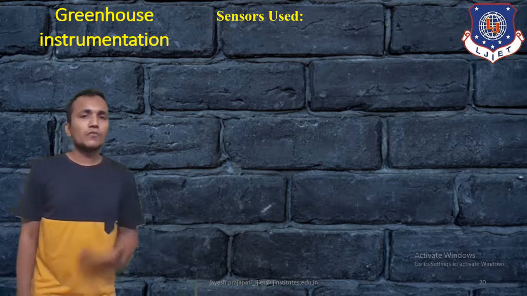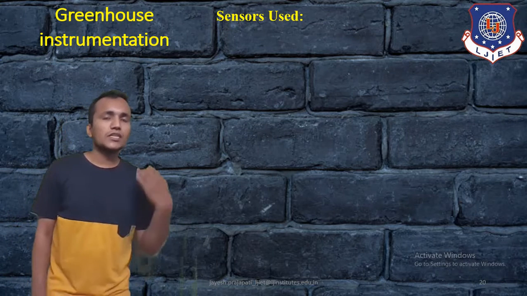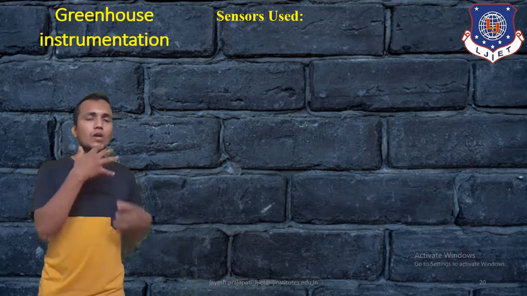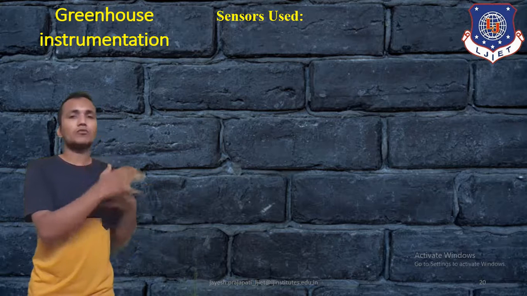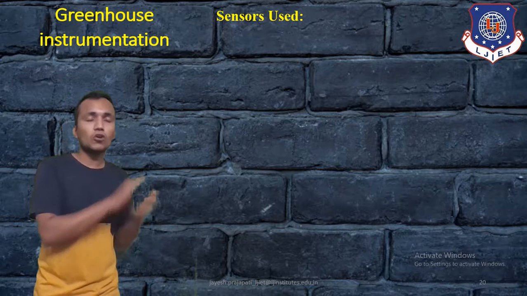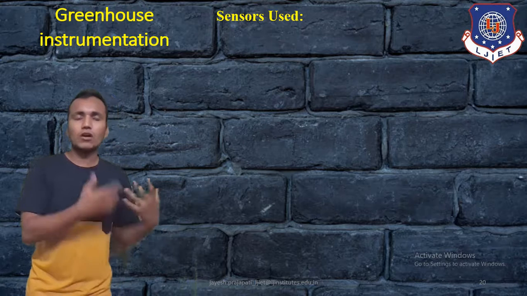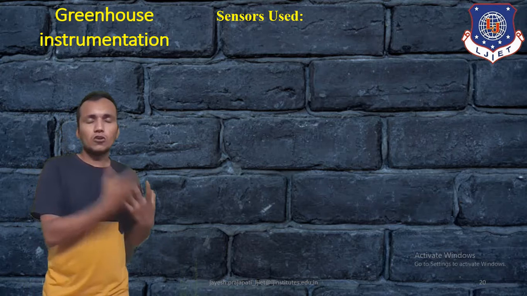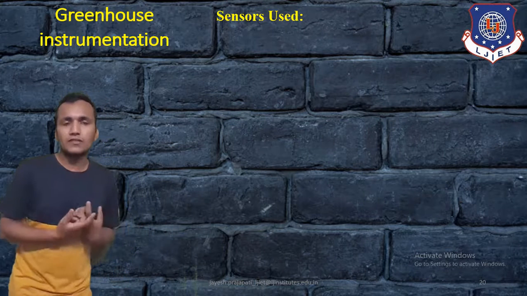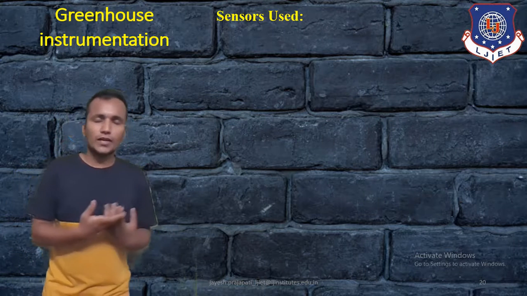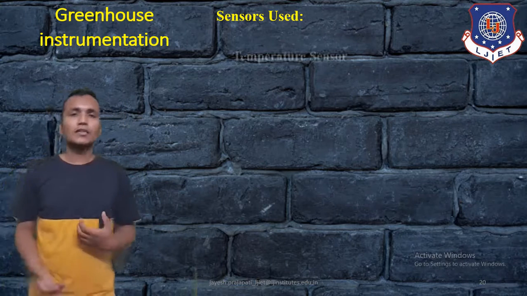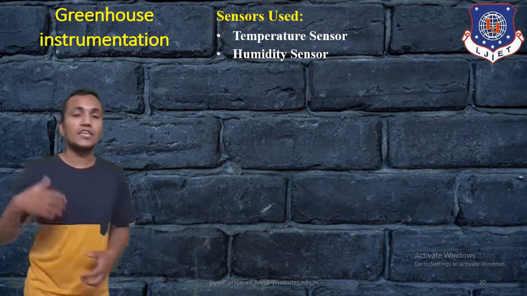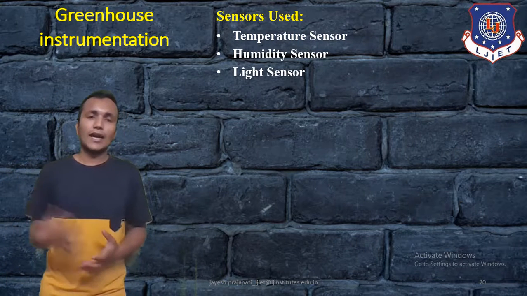Now in this topic we have to discuss greenhouse instrumentation. In greenhouse instrumentation, we have to make our greenhouse automated, as the subject name says, instrumentation and automation. So we have to use sensors: a temperature sensor, then a humidity sensor, then a light sensor.